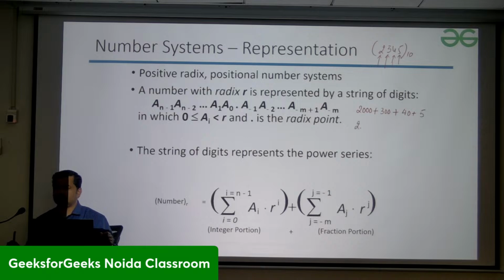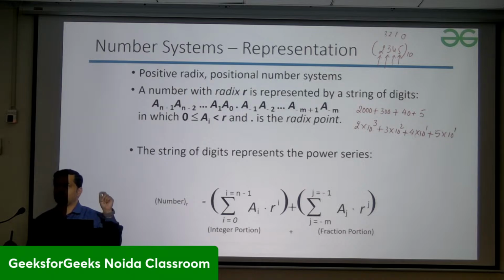It is nothing but 2 into 10 to the power of the corresponding position, and position is marked from the least significant digit. So it is marked as 0, 1, 2 and 3. Fourth position is represented by value 3. So 2 into 10 to the power 3 plus 3 into 10 to the power 2 plus 4 into 10 to the power 1 plus 5 into 10 to the power 0.